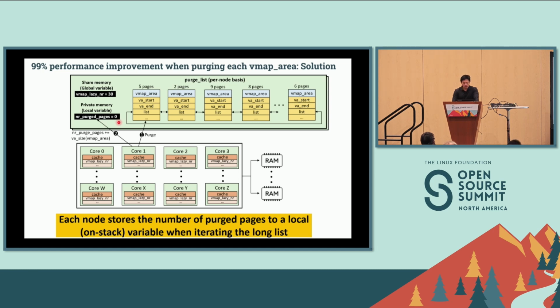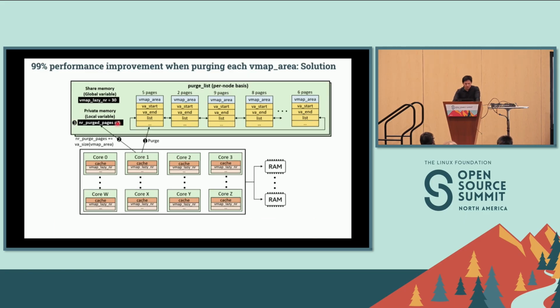This avoids the atomic instruction for each single VA object in the purge list. So when we purge the first VA object, we accumulate the number of purged pages, 5, into the local variable.